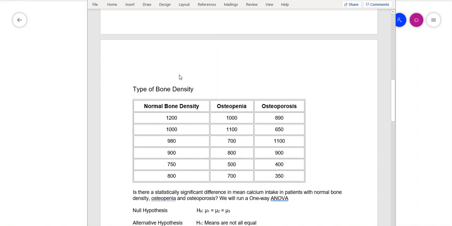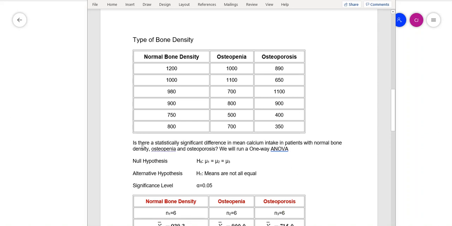In this case, the one-way variable is type of bone density, classified into normal, osteopenia, and osteoporosis. And again, I don't know exactly what the difference is between normal, this one here, and then the osteoporosis.